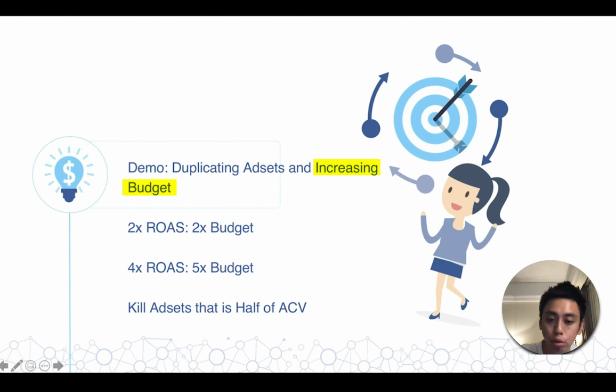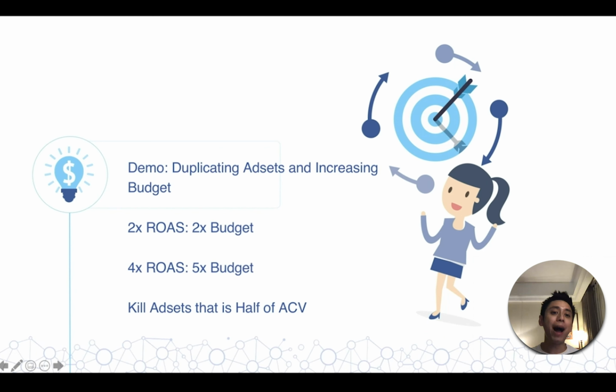So don't touch the original one, just duplicate it and increase the budget. So perhaps if you're getting double your ad spend, from $20 to $50, $100, you could put it to 200. If you're getting 5x, or rather 4x return on ad spend.